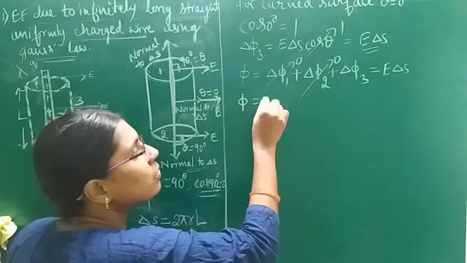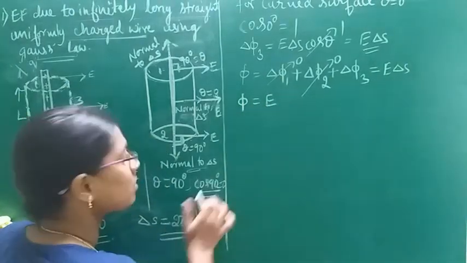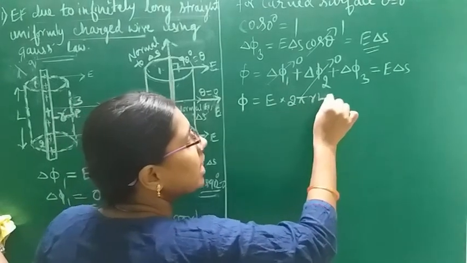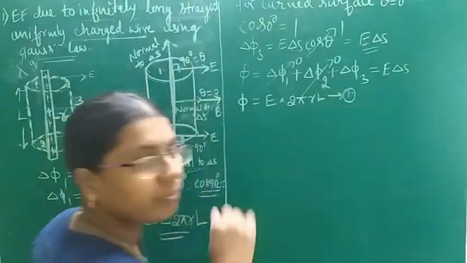Therefore, phi is equal to E into 2 pi r L. Let it be equation 1.